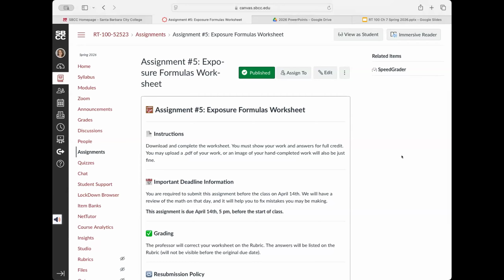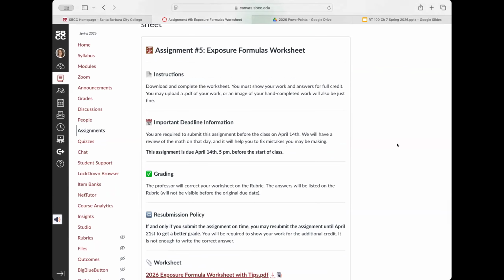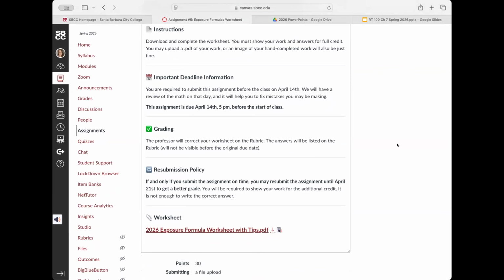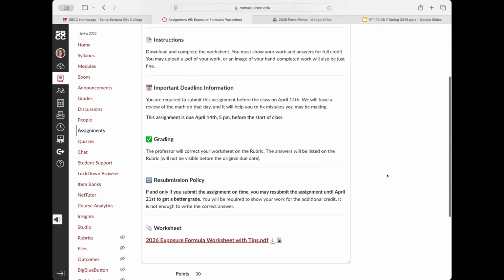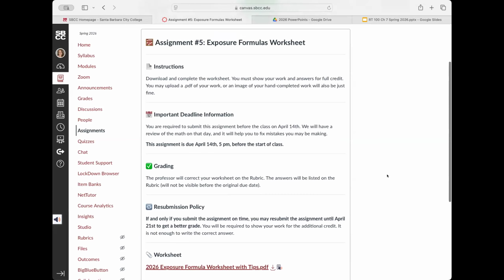Okay. But there are some timeline things I want you to understand about this particular assignment. So first, you're going to download the exposure formula worksheet. It has tips on it for each type of math problem, okay? And you're going to print that out and fill it out, or use it as a PDF if you can, okay? You have to give us your answer and show your work in the worksheet. We're not going to give you the points if you don't show your work, okay?